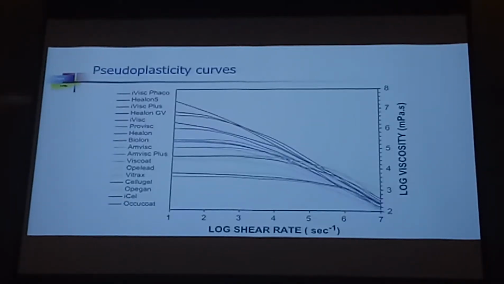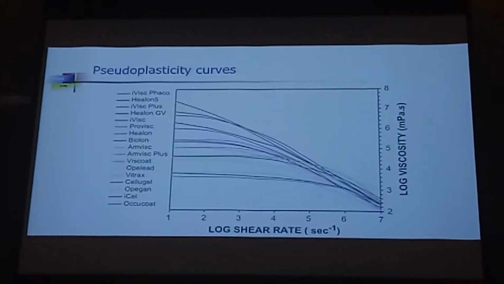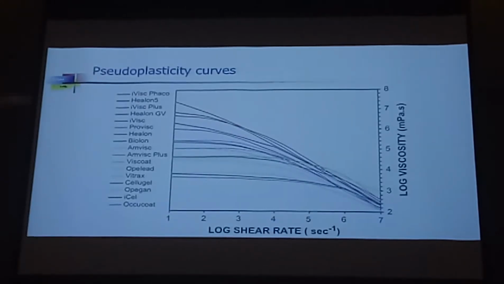So essentially, the viscoelastic, when static, when there's no pressure on it, can be as thick as tar, or at least as thick as honey, or thicker than honey. But once you apply a quick pressure on it, especially through a small bore channel, it has to flow through faster. It starts to behave like water. So that is the characteristic of OVD.